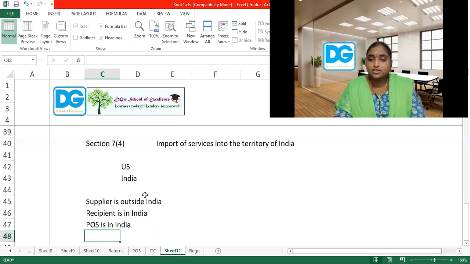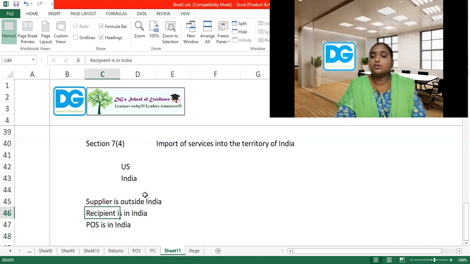When all these three conditions are satisfied, it is said to be import of service. So the supplier is located outside India, the recipient is located in India, and the place of supply is in India. Then it is said to be import of service. Say for example, A Limited from India receives some business support service from the US, then it is import of services.